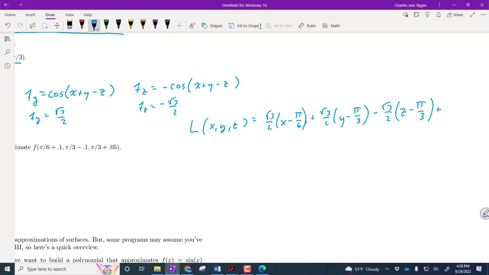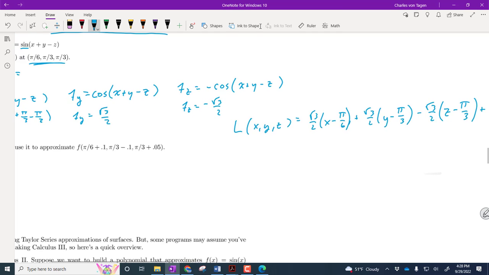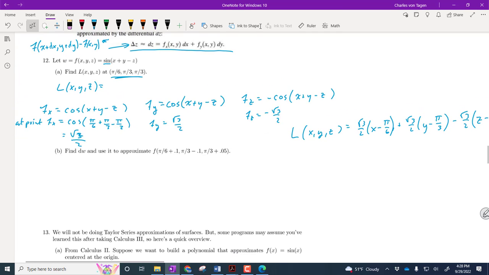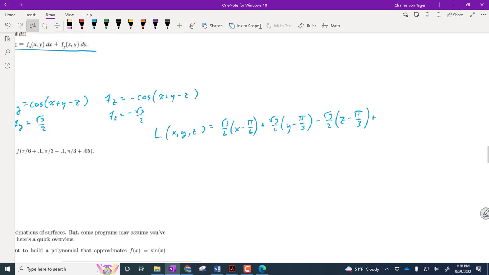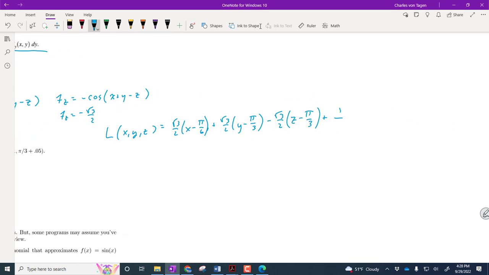What do I have to add to this, folks? The sine of pi over 6, right? That's the output value at the point pi over 6, pi over 3, pi over 3. And so that's plus 1/2. So that was the f of pi over 6, pi over 3, pi over 3.